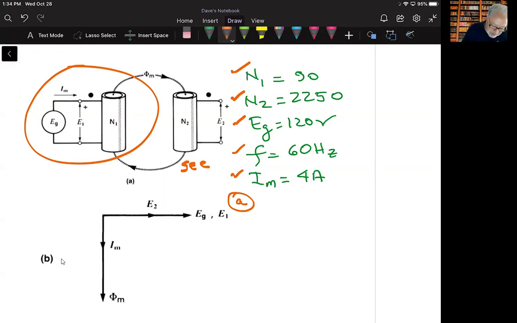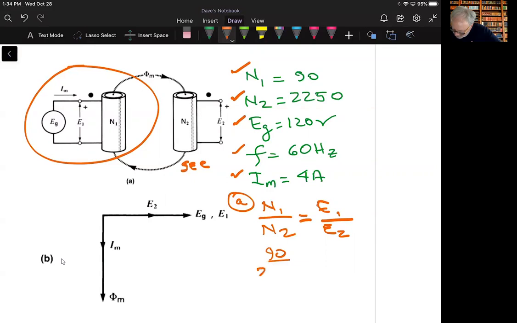So I'm going to utilize my turns ratio to determine what that voltage would be. It gets back to equation 9.5, which says this relationship is equal to this relationship. It's a proportion. I know N1 is 90, I know N2 is 2,250.